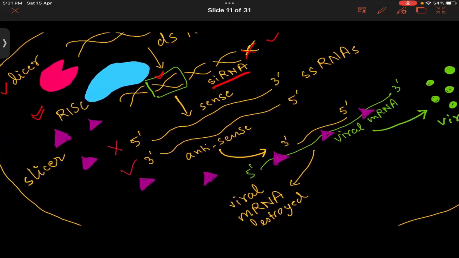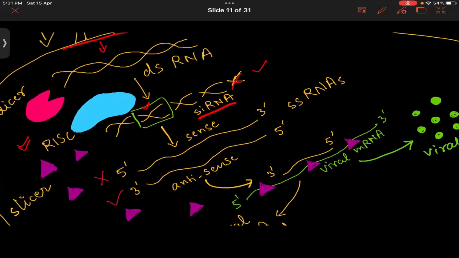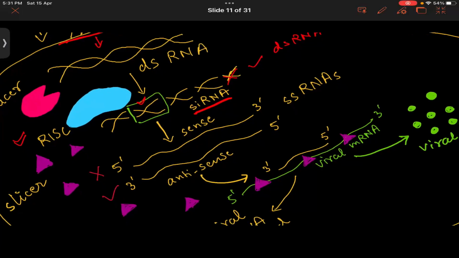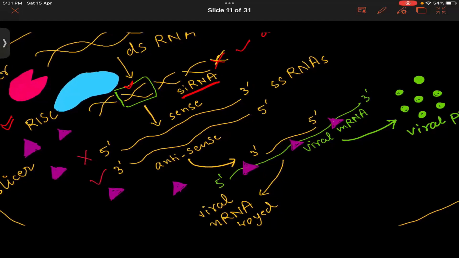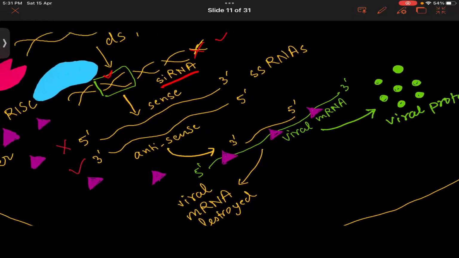So this is still a double-stranded RNA, but the cleavage has been made in such a way that we get small pieces of double-stranded RNA. Now, each small piece of double-stranded RNA is called siRNA. So this complex comes and unwinds one siRNA molecule, exposing two single-stranded RNAs.